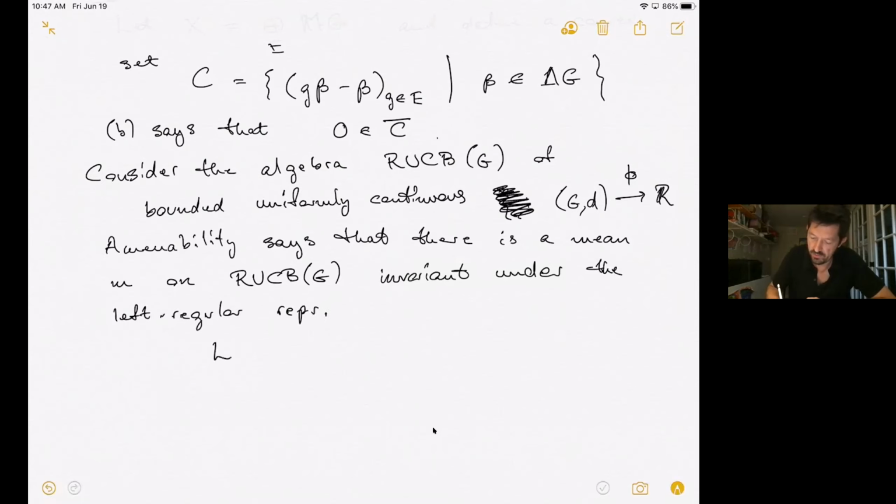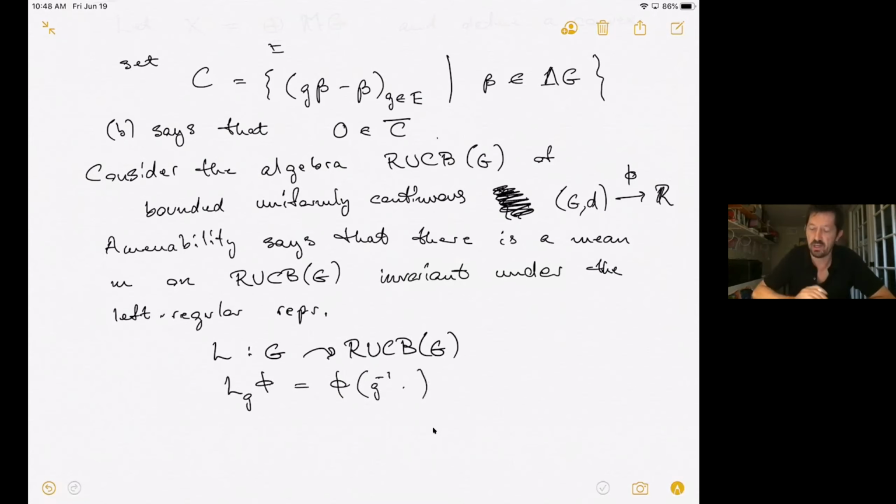So G acts on this algebra: the left regular representation of G acts on the algebra of right uniformly continuous bounded functions, namely L_g phi is just phi precomposed with multiplication by g inverse.